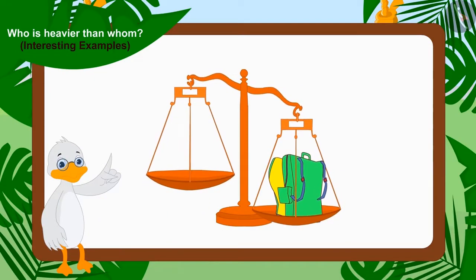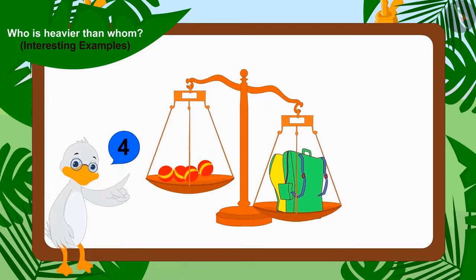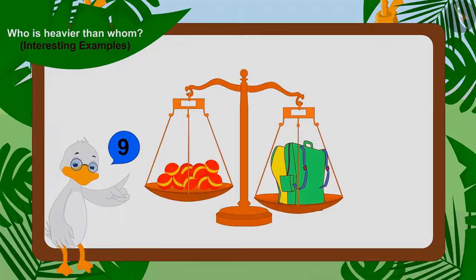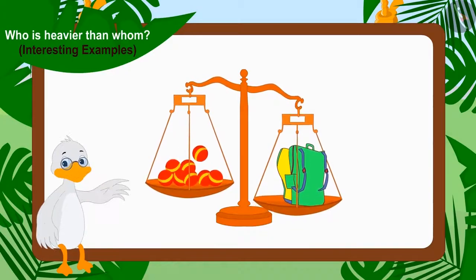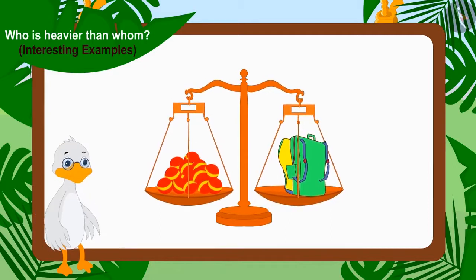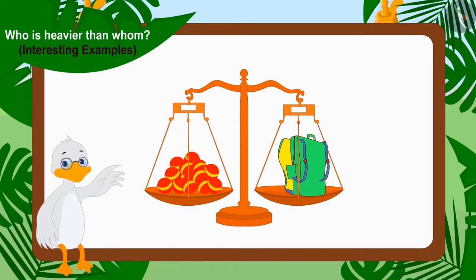Firstly, Uncle placed Sher Khan's bag on one plate of the balance. Now, Uncle started placing the balls one by one in this way on the second plate. Uncle kept placing the balls on the scales until both sides of the scales came to the same position.